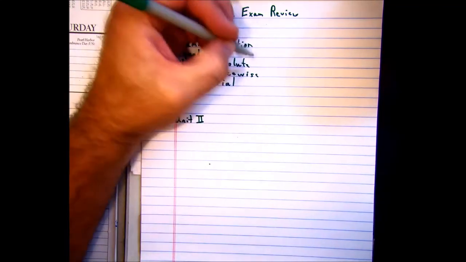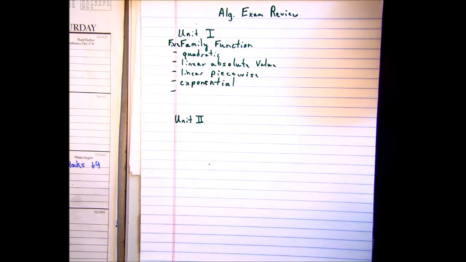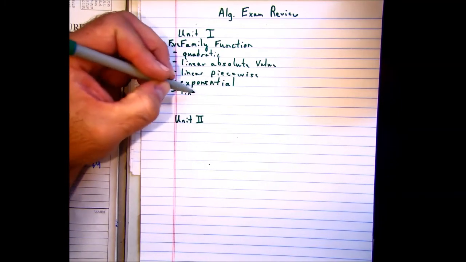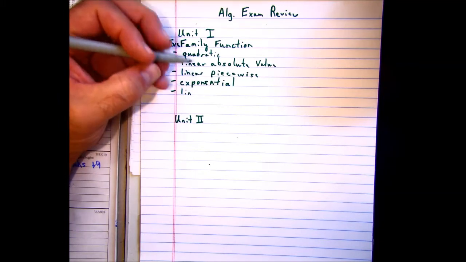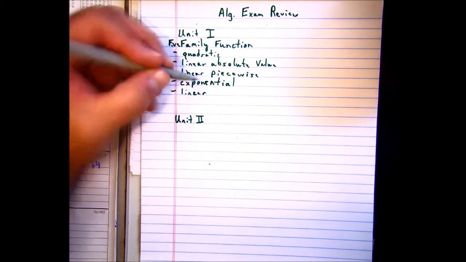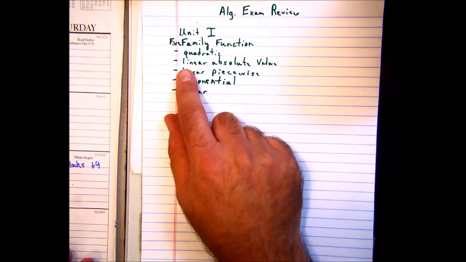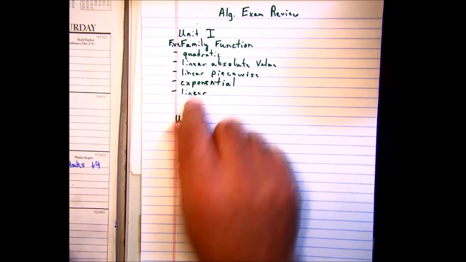We have linear absolute value, the one we've been working on for chapter 2, 3, and 6. Linear. No, linear absolute value, linear piecewise, and just linear.